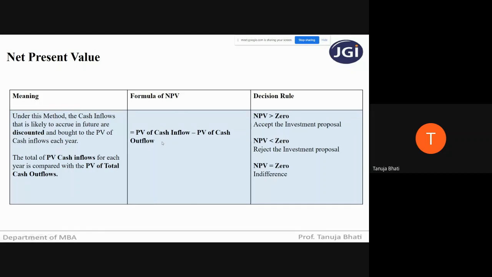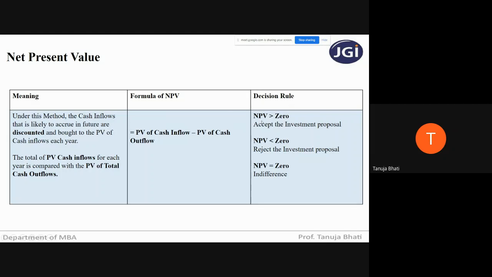If it is less than 0, if you get a negative answer using this formula, obviously you will reject the proposal. And if the answer is 0, both inflow and outflow are the same, then it is indifference. Indifference means it is left to you whether you accept or reject the proposal. Since both inflow and outflow are the same, you make a choice. So, the decision rule, how are you going to make it?